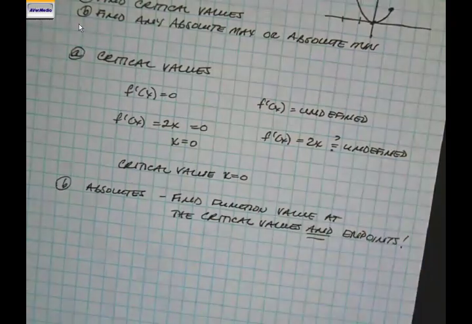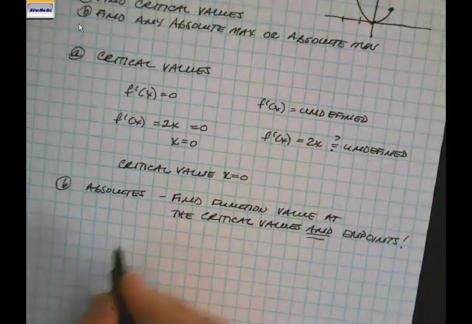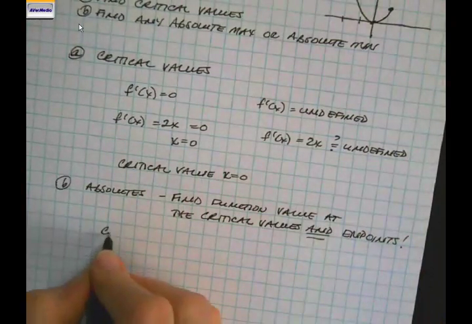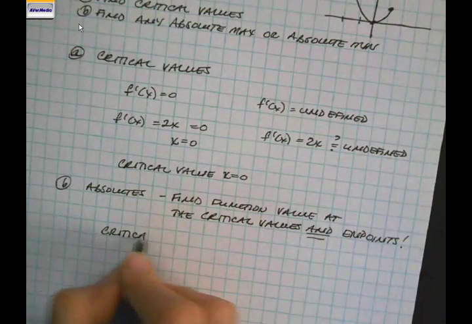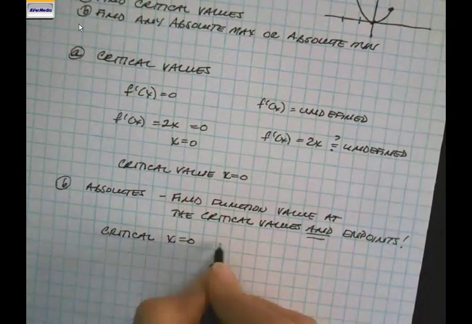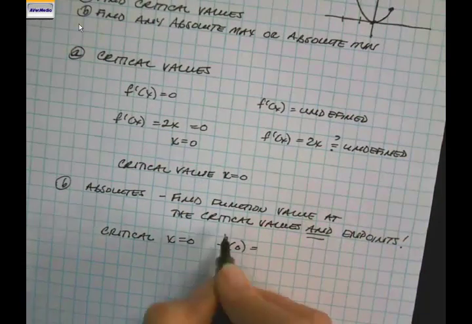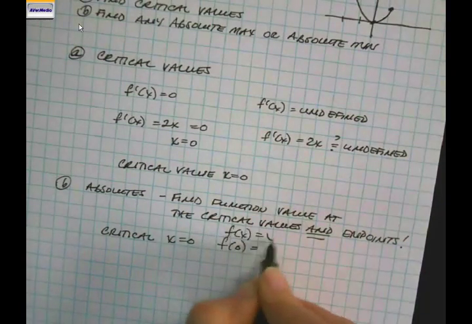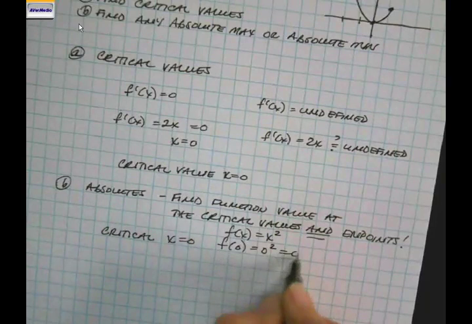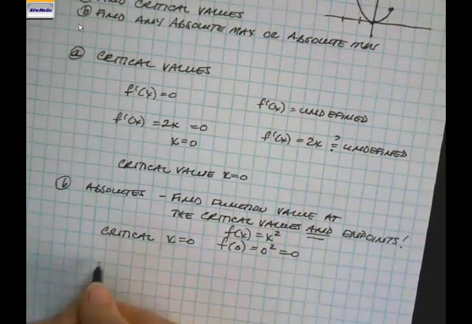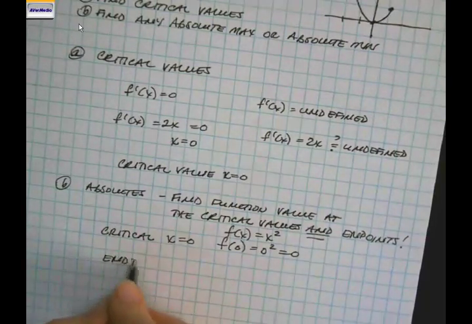Okay, you got to do it at both the endpoints of the interval. So my critical value is x equaling 0, so f at 0 is going to be 0 squared, which is 0. Then my endpoints.